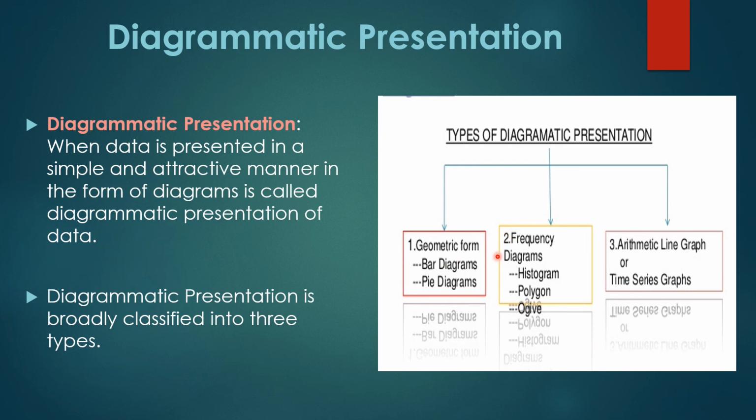Frequency diagrams are divided into histogram, polygon and ogive. The last type is arithmetic line graph or time series graph. These are the types of diagrammatic presentation, but in this chapter we will be learning about geometric form, that is bar diagrams and pie diagrams only.